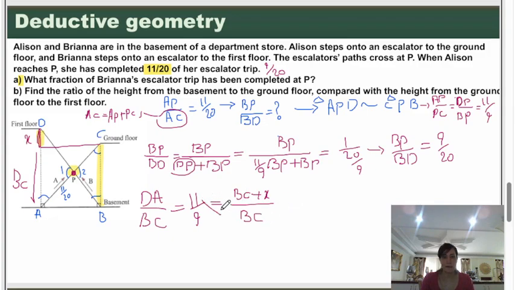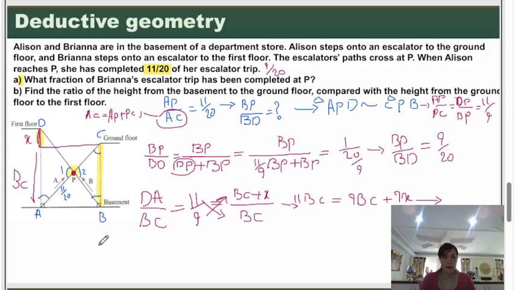Now I do cross multiplication here, and I will have 11 BC equals 9 BC plus 9X.